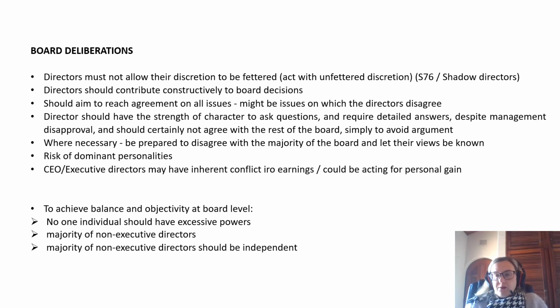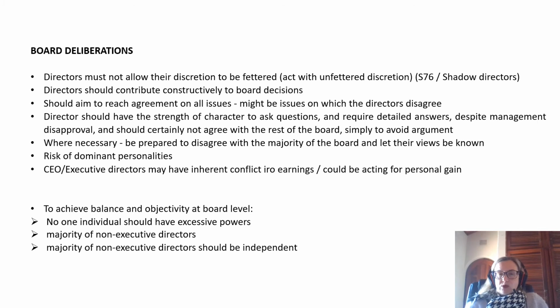At the end of the day, we can't fetter the discretion of those other 2 directors. If they really believe that this decision is not in the best interests of the company, then they must not be compelled to agree with something that they don't think is right. That would be a breach of their fiduciary duties. So if they vote against something, they must let their views be known and they must be minuted.